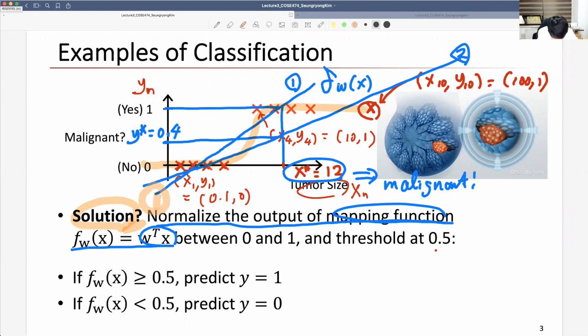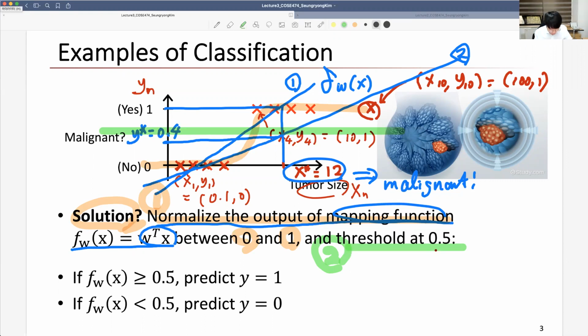First, we can normalize the output of the mapping function between 0 and 1, like this, and we can use thresholding at 0.5 here, something like this technique.